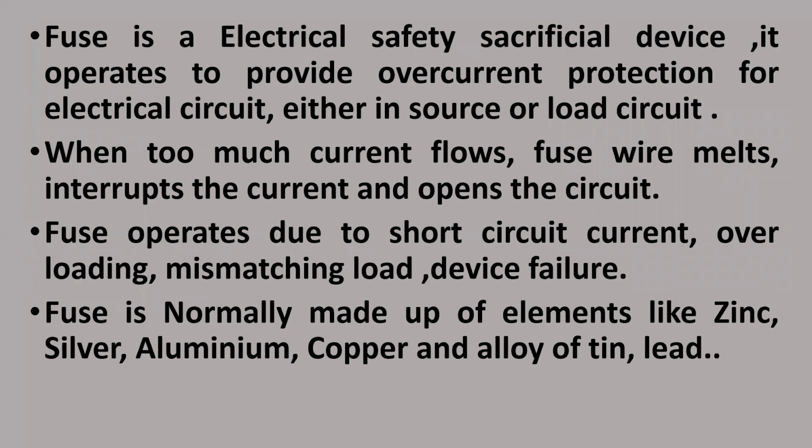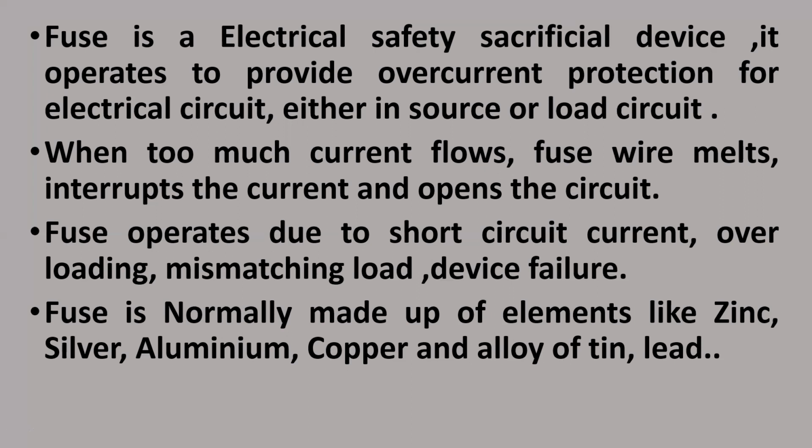This is a sacrificial device, so it will melt itself whenever there is an overload. Under an overload condition or a short circuit condition, the fuse will melt and protect the device. When too much current flows, the fuse wire melts, interrupts the current and opens the circuit. That is called a fuse. And a fuse operates due to short circuit current, overloading, mismatching of load, and device failure.